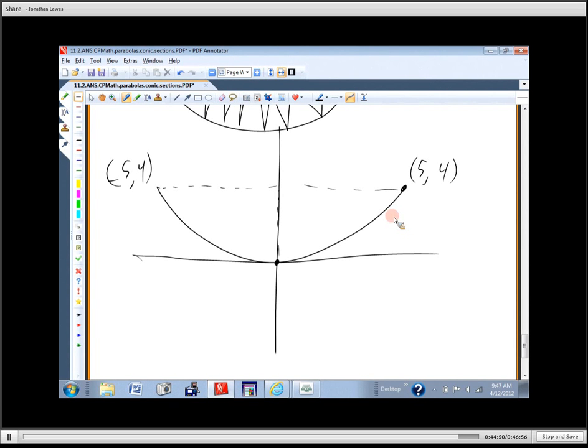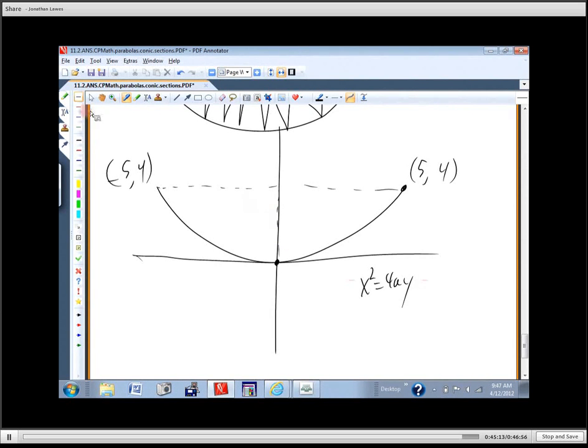But you can look at this and tell me, because this is a parabola that opens up, which variable is squared? X. And because the vertex is at the origin, what are h and k? 0, 0. So this is going to be x squared equals 4ay. That's the equation, right?